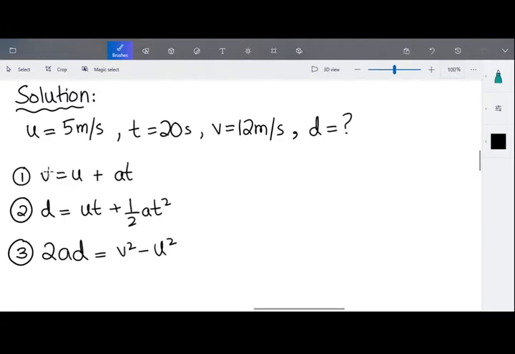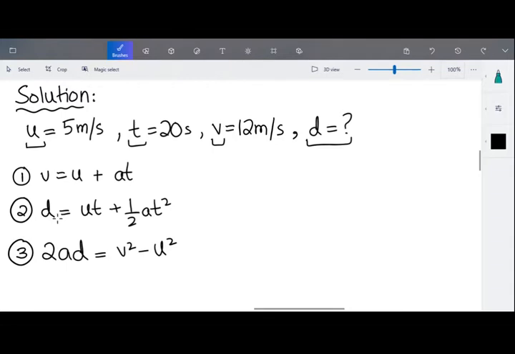Now, since we're looking for d and the stuff that we know is u, t, and v, we need to figure out which equation will give us the answer, which equation has the right knowns and the right unknowns. So a quick glance over the first equation tells us that it doesn't have d, so it's of no use to us right now. Let's move on to the next one, and it does have the d.